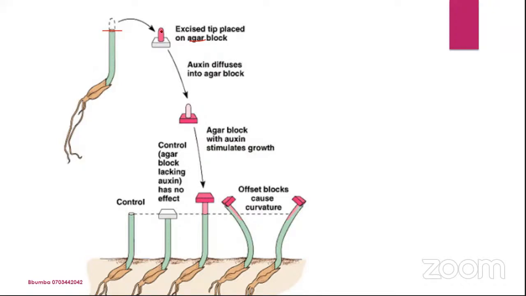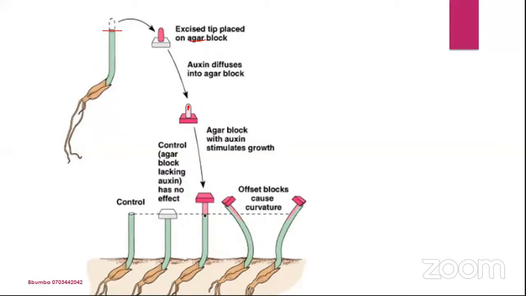So you can see the tip was placed on the agar block, and then the agar block absorbed the auxins, meaning the auxins flowed into the agar.